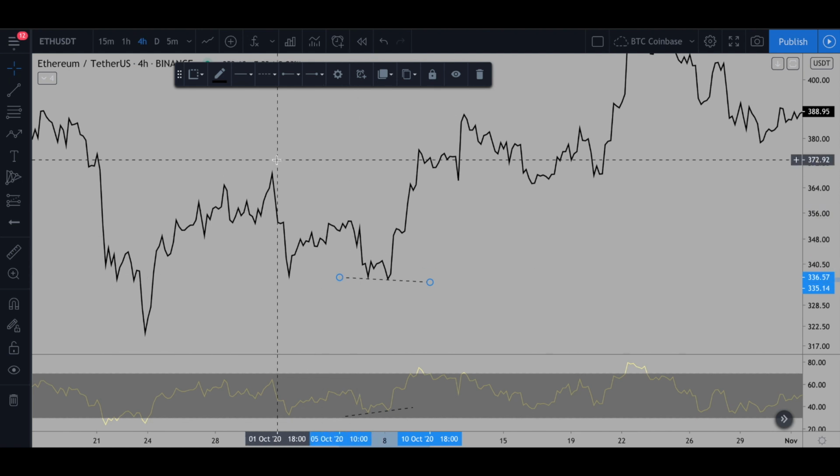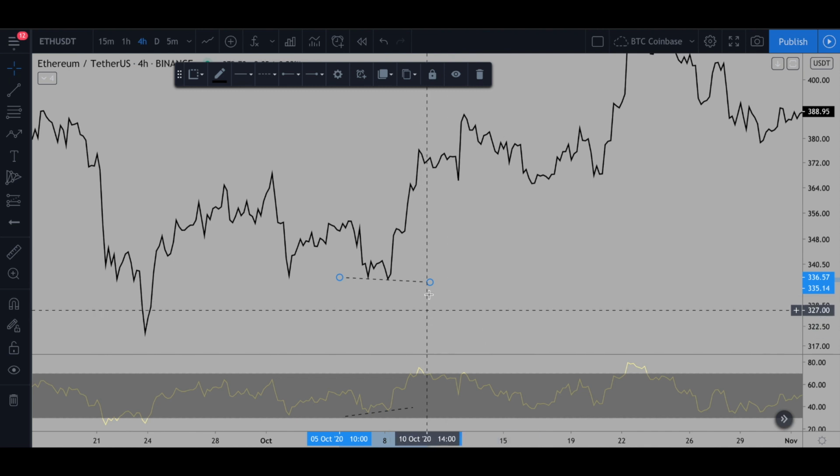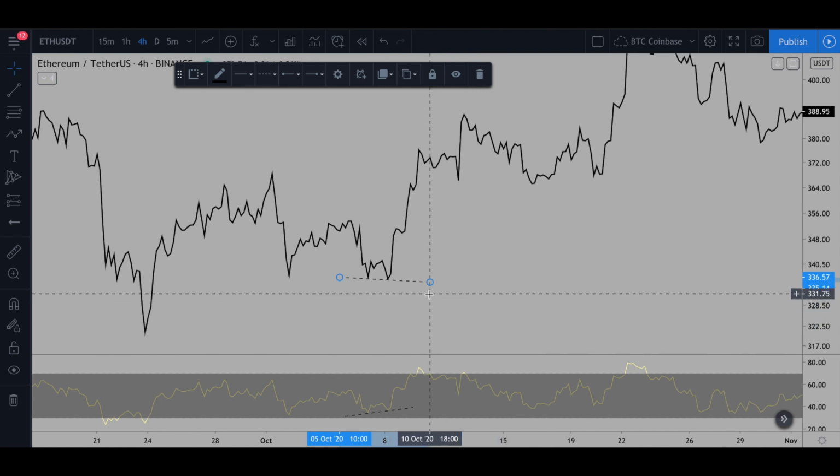I had quite a few discussions online about that topic, and people were so convinced that using wicks is the right way to go. But to me, frankly, they are way less accurate. I don't see a point in using wicks when there are more opportunities for you when you use bodies.